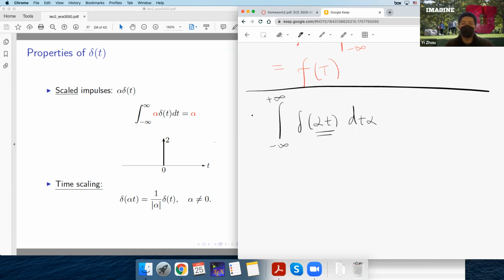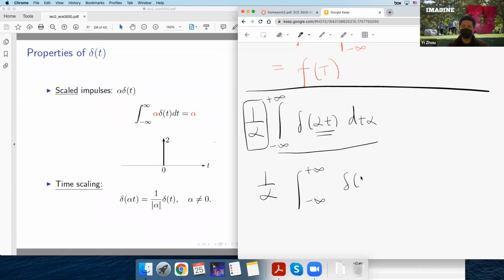So yeah, that's why we get this 1 over alpha as the coefficient. So after change of variable, we get this.